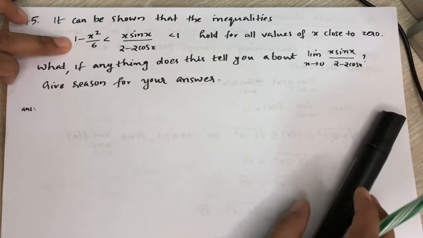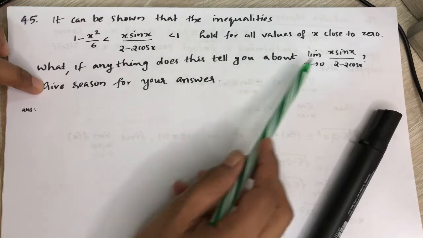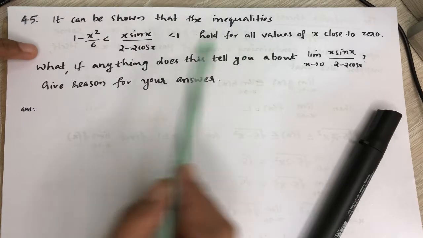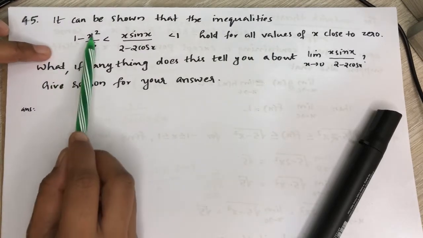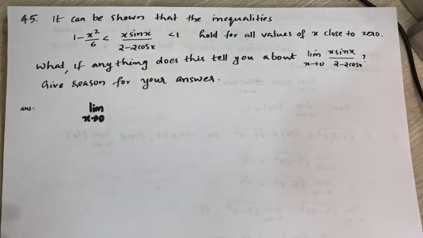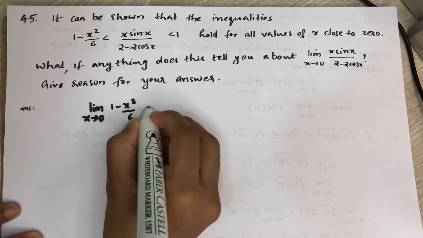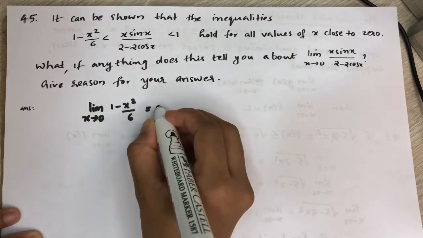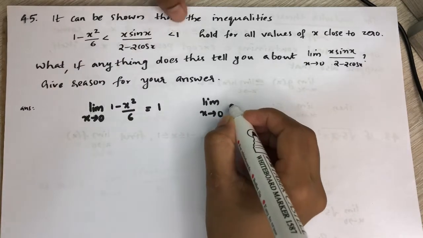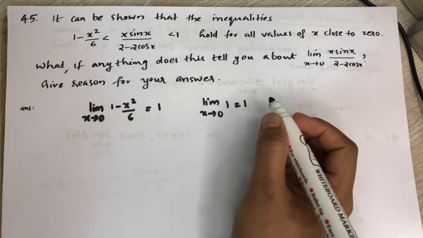Now to tell something about the limit of the function in the middle, that is limit x tend to 0 x sin x by 2 minus 2 cos x, we have to check whether limit x tend to 0 1 minus x square by 6 and limit x tend to 0 1 are same. Here limit x tend to 0 1 minus x square by 6 is, substituting, we get 1, and also limit x tend to 0 1 is equal to 1, since limit of a constant function is always the constant.